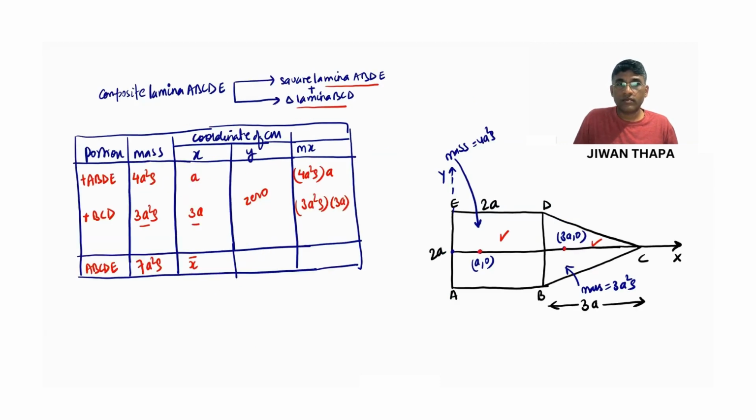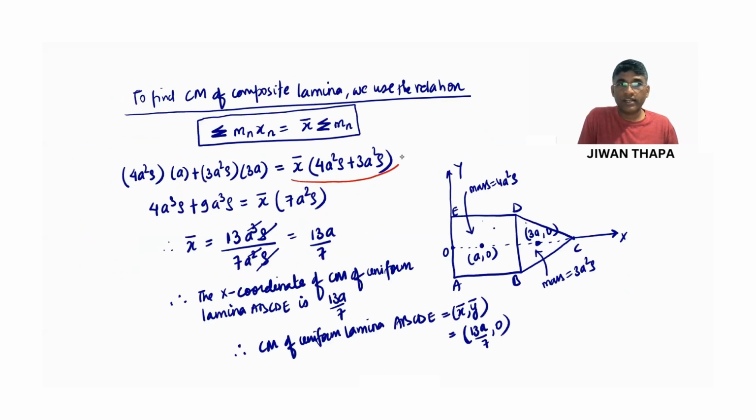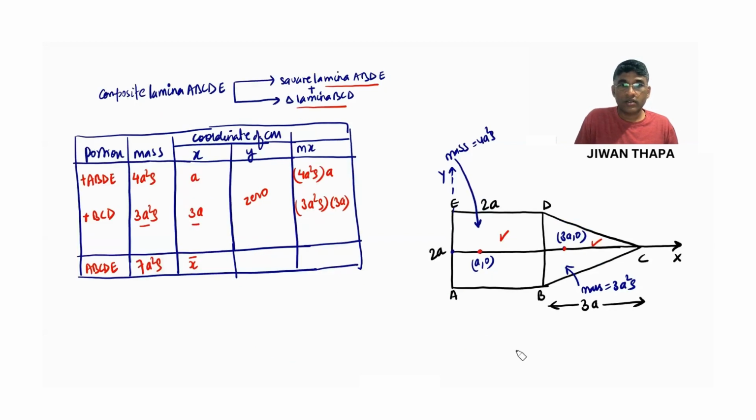So when we add these two terms, we get this result, or we can write it this way directly: this is 7a square rho times the x coordinate of center of mass. So in this way, we find the center of mass of the composite lamina.